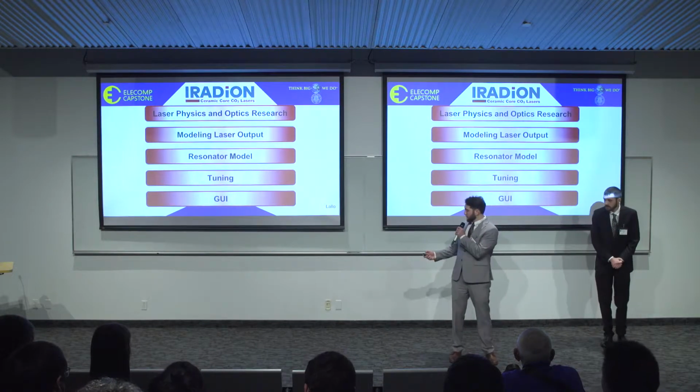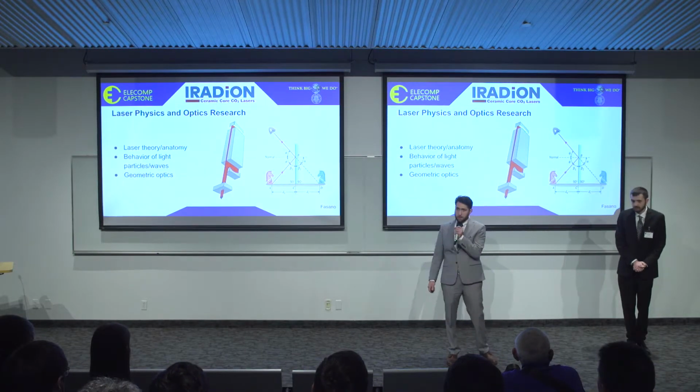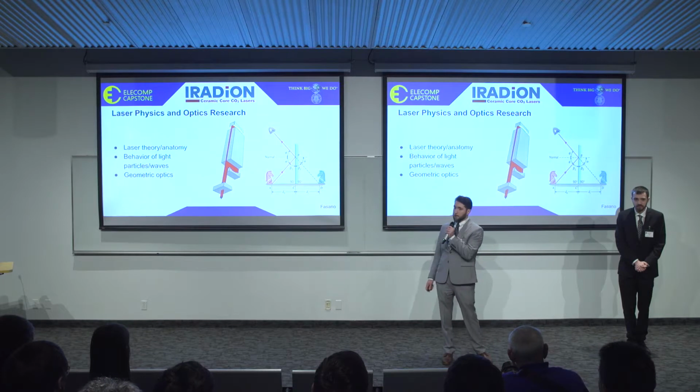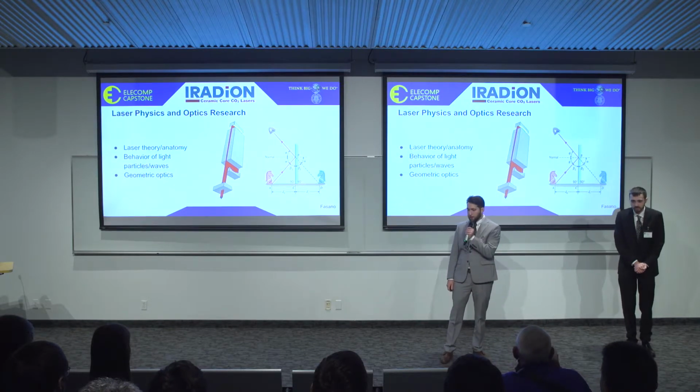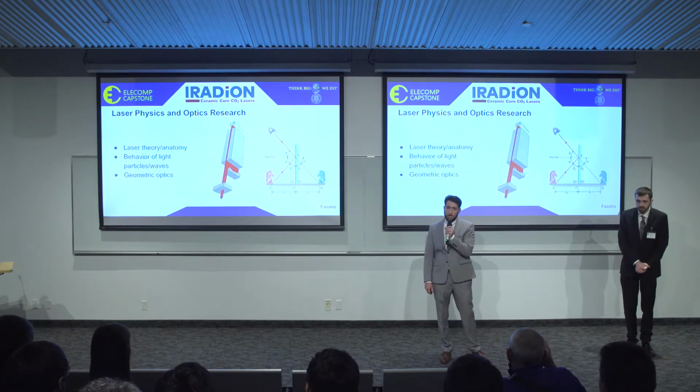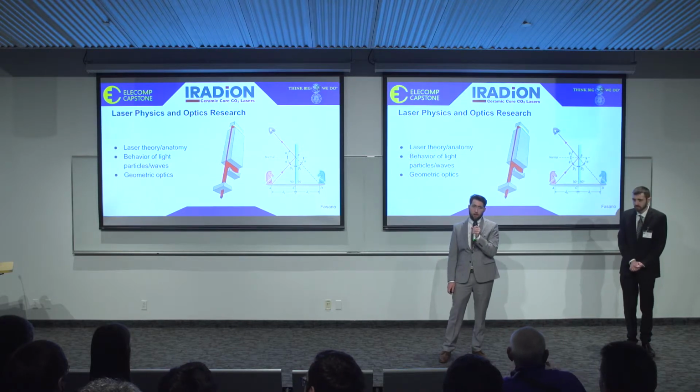So, our research began looking into laser and physics. Initially, we looked into understanding laser theory, as well as the specific cavity that Iradion wants us to model. We spent the majority of our time, however, learning about light propagation and its behaviors in three-dimensional free space.